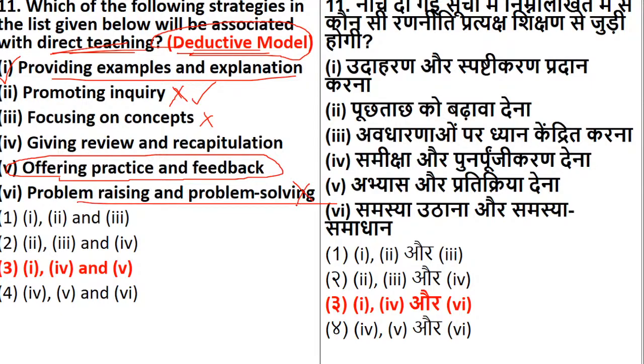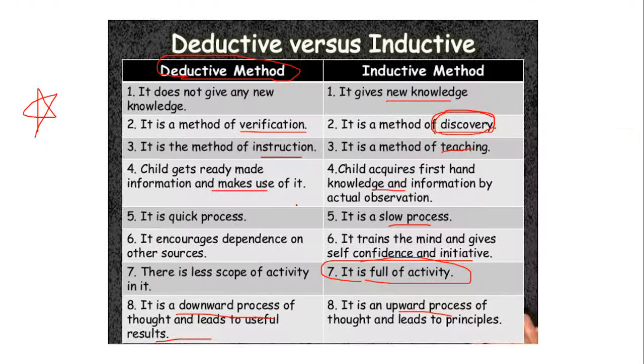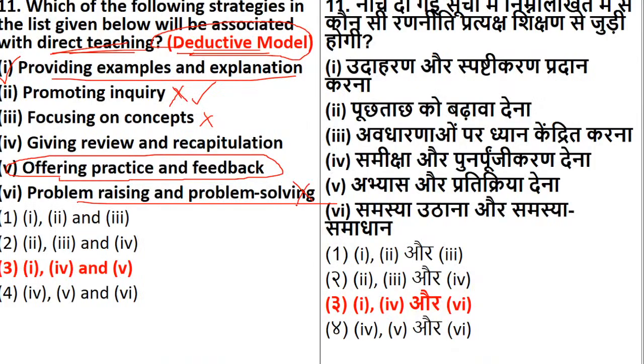So now if you know the inductive and deductive model very well, especially this slide, you can definitely answer this question very well, because this is one of the previous year questions. I was just going through correct information, and that's how I came across this distinguished and correct explanation. So now this will help you to answer direct teaching as well as problem analytical teaching.